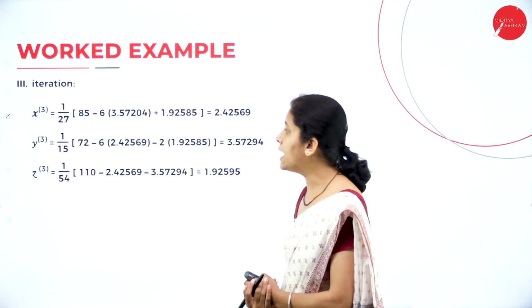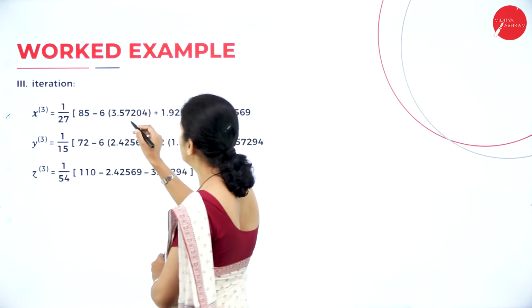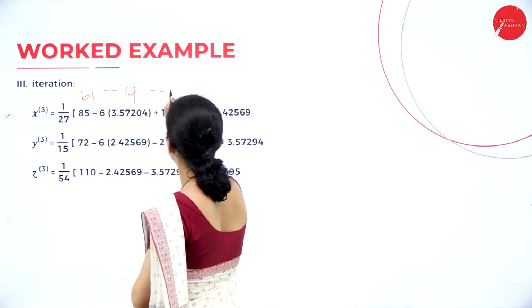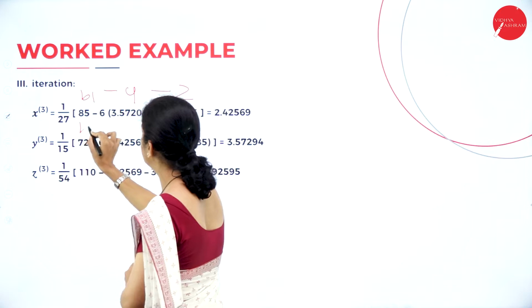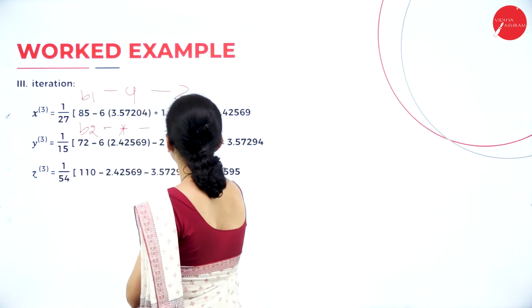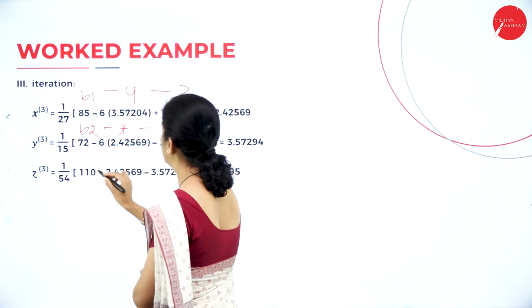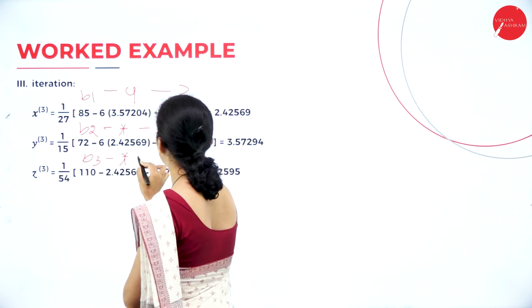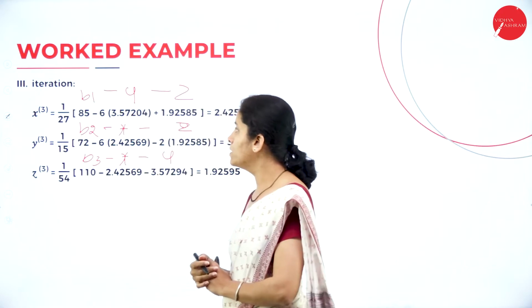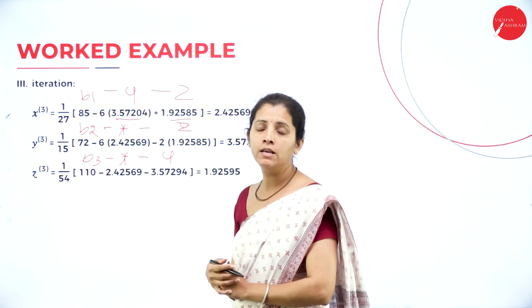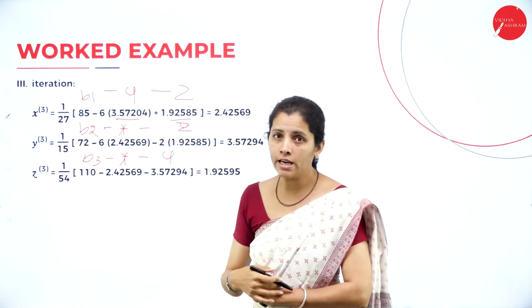And in my third iteration, this is my b1 minus y minus z. Here it is b2 minus x minus z. Here it is b3 minus x minus y. Okay, so here whatever the y and z values I have, that is from my previous iteration.